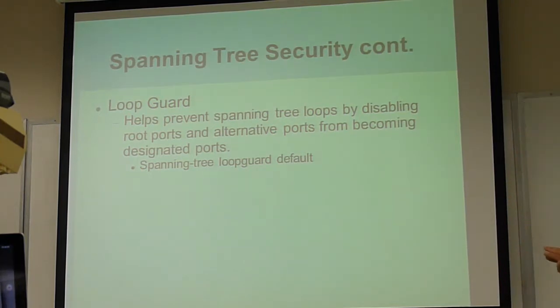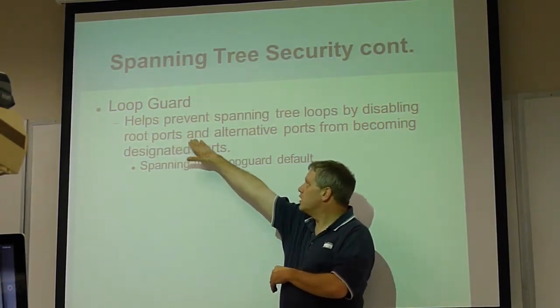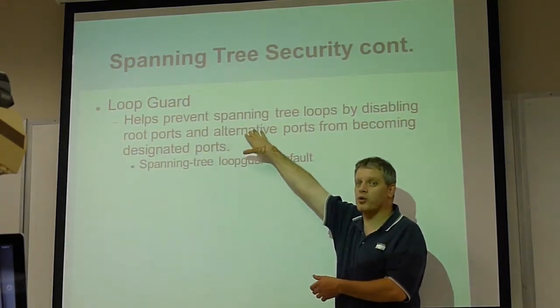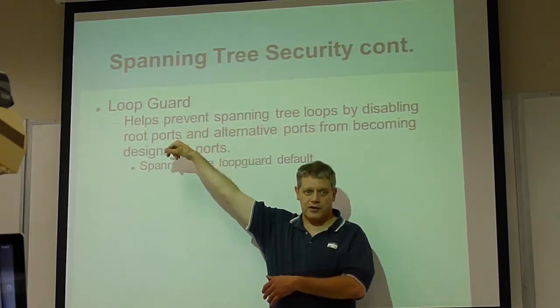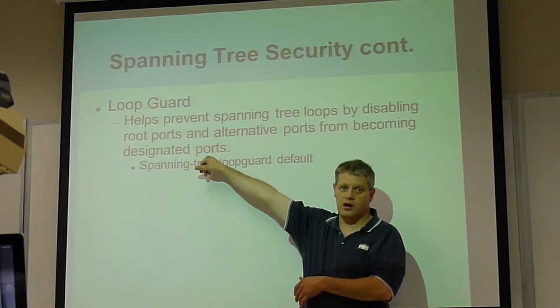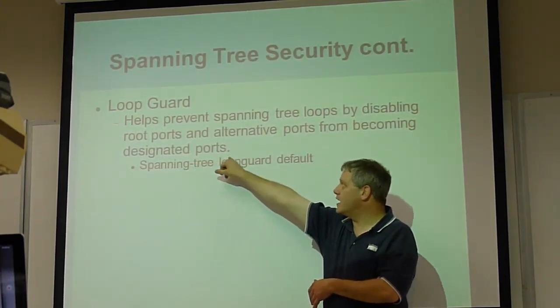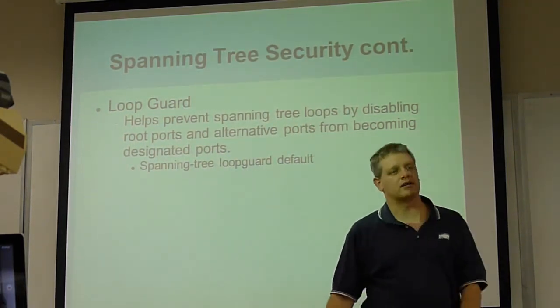And finally, loop guard. It helps prevent spanning tree loops by disabling the root ports and alternative ports from becoming designated ports. Now, it's really important to understand that root ports and alternative ports, which is if a root port goes down, the alternative port becomes the root port, they control the flow of traffic, and a designated port is basically a port that you cannot block.